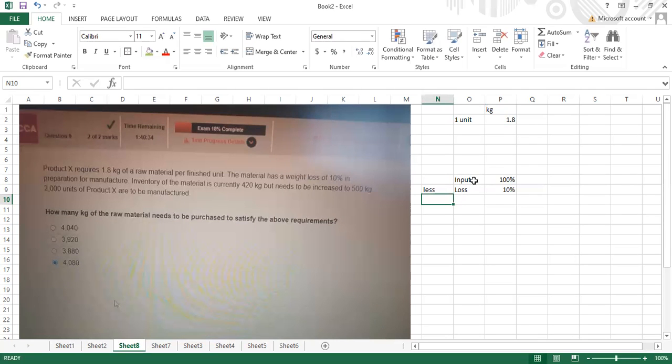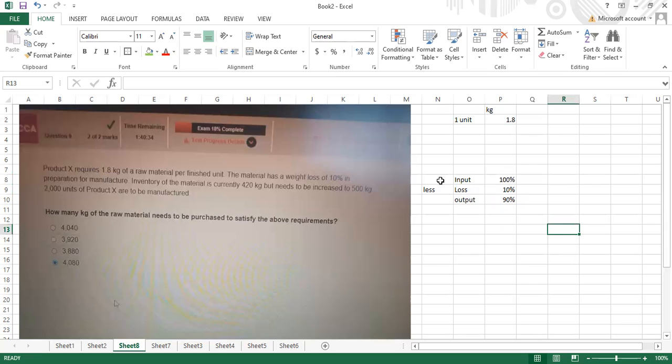Whatever you manufacture, it is a normal practice that whatever material you input, there is normally a loss. So it says that usually it is 10% loss, and then output would be 90%. Always remember that output would never be 100%, input would always be 100%.